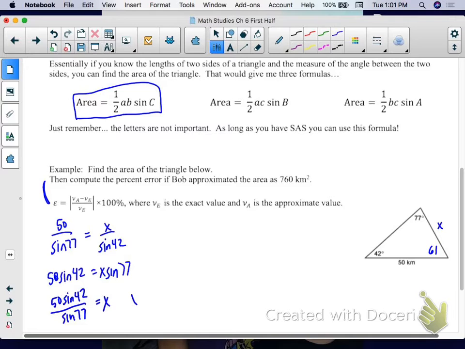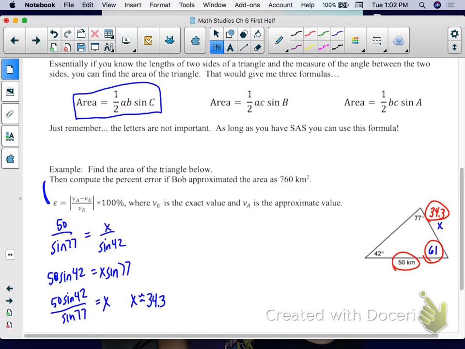We end up with X is approximately 34.3. So if I put that in my picture over here, okay, now I have side angle side. I don't even have letters. Doesn't matter because I've got enough information to do what I need to do. So we're going to go ahead here and find that area.